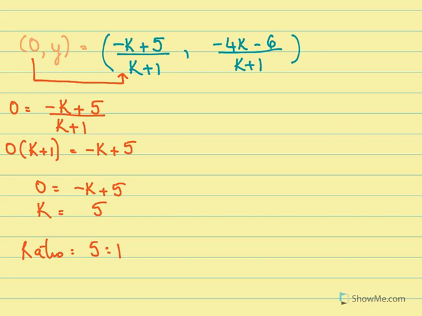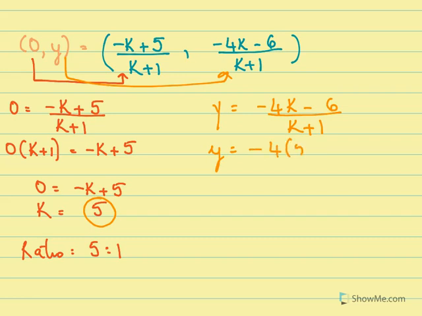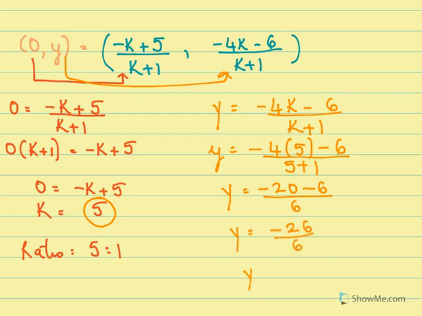Now y will be equal to this coordinate, so y equals (-4k - 6) over (k + 1). Now we got k is 5, so y equals (-4 times 5 - 6) over (5 + 1), so y equals (-20 - 6) over 6, so y is -26 over 6, so y is -13 over 3.